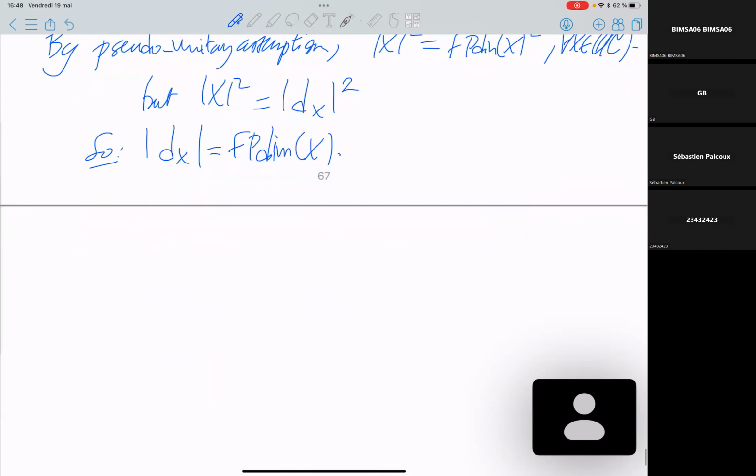Now you can apply the dimension equation.